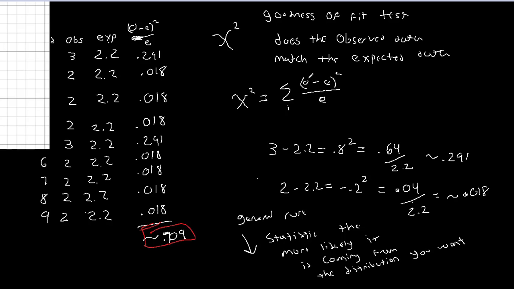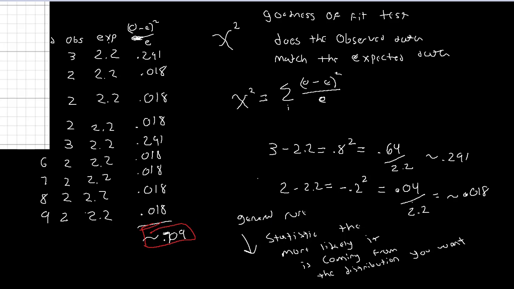So if you have very strong differences from your expected, this whole thing is going to be a much bigger number. So when you sum it, your chi-square is going to be a much bigger number. As a general rule, the smaller your chi-square is, the more likely it is that your observed data matches your expected data.